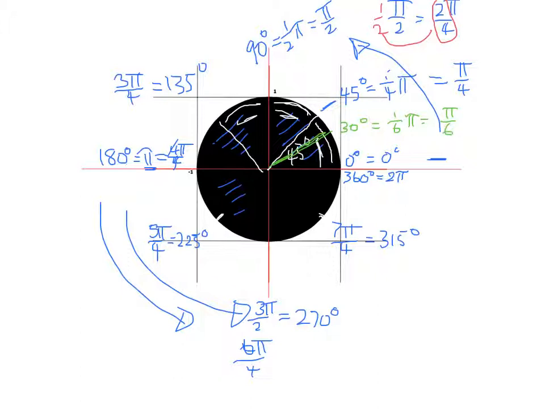We can get the second lot of 30 degrees, which is 30 plus 30 is 60 degrees. And that will be equal to 2 lots of pi on 6, which is equal to pi over 3. I'll write that over here. So 2 pi on 6 equals pi over 3.